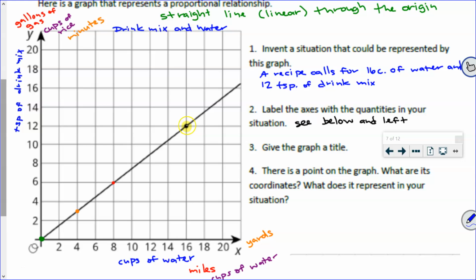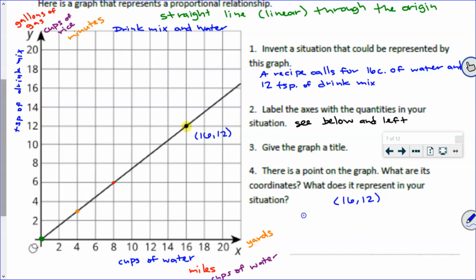What are its coordinates? The coordinates are 16, 12. Because we went over 16, remember from our last lesson, we have to learn how to crawl, so we go over first before we can learn how to climb and go up. So the coordinates are 16, 12. What does it represent in your situation?